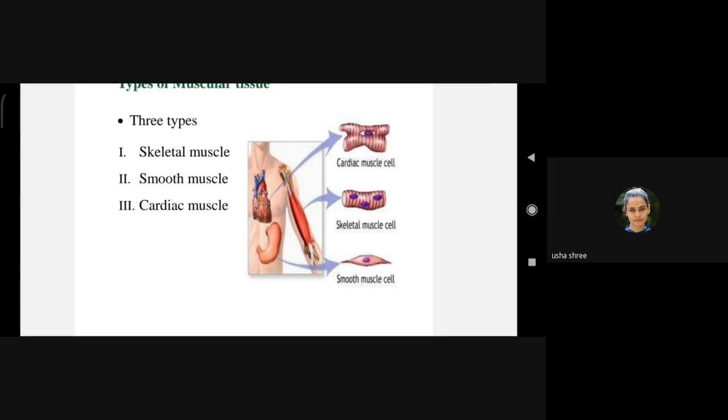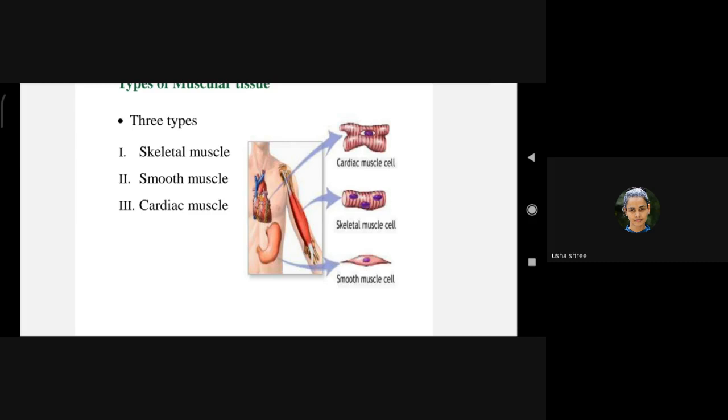It never stops from the womb to our death. That is why it is a very specialized kind of muscle, having many more mitochondria for producing ATP for continuously pumping. That is why cardiac muscles are categorized in a different way.